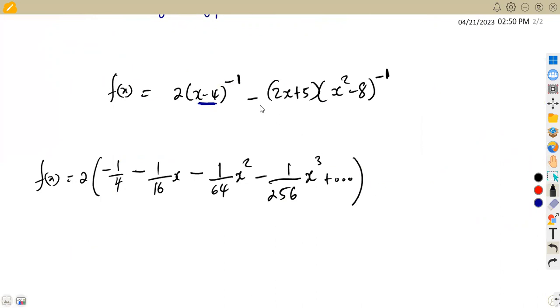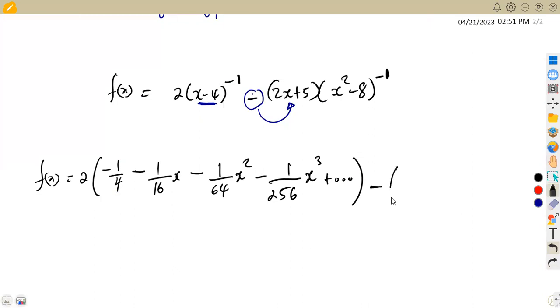Minus, we move on to this part. I want you to be very, very careful in your simplification whenever you are simplifying your questions. You can multiply this bracket by a negative, and the moment you do, this is going to be a positive, so that means we are going to add everything. Or you can just leave it like that, so that I do not confuse you, since we are going to expand this bracket anyway.